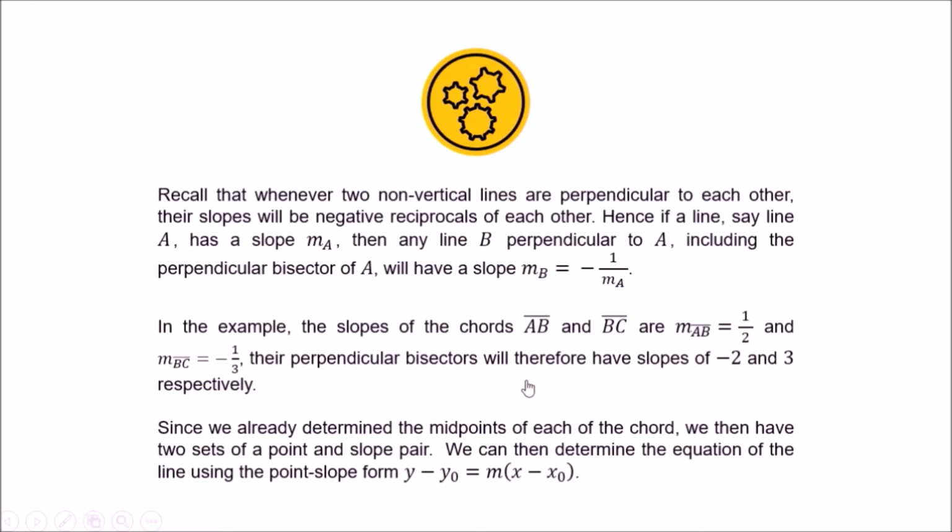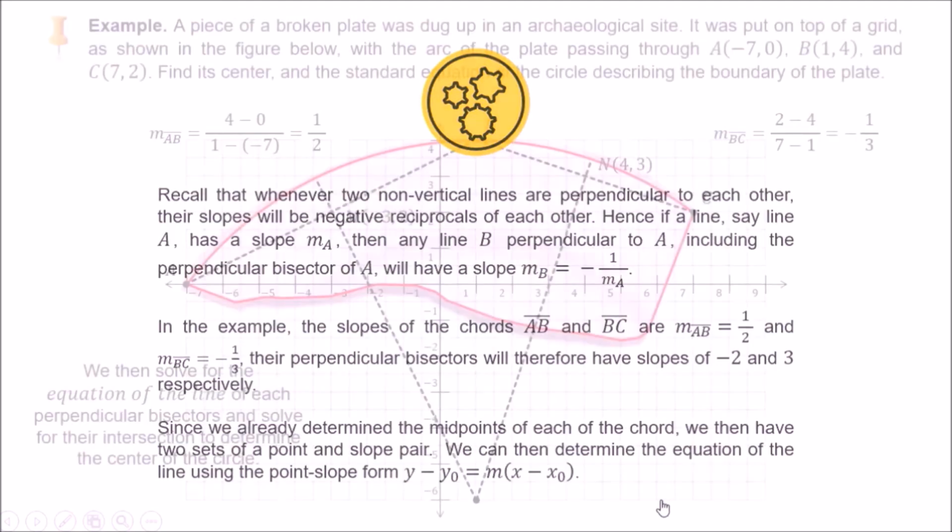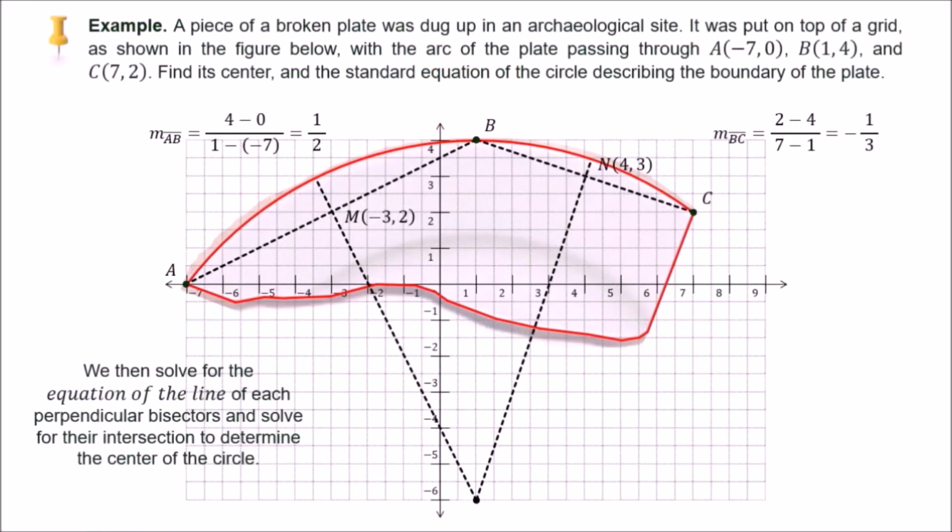Since we already determined the midpoints of each of the chords, we then have two sets of a point and a slope pair. We can then determine the equation of the line using the point-slope form y minus y sub naught equals m times x minus x sub naught. Let's now determine the equation of the line of each of the perpendicular bisectors.